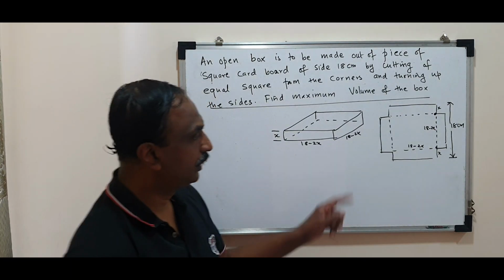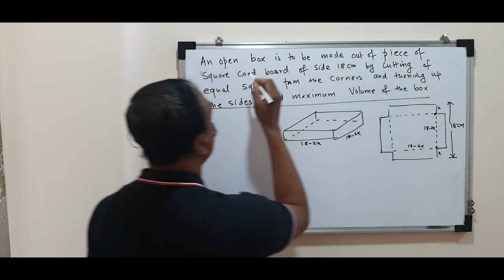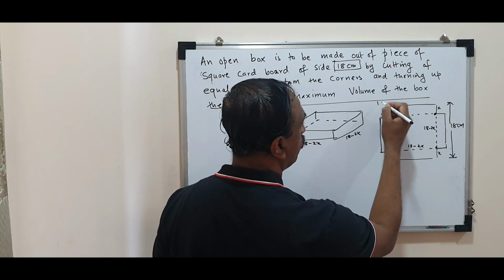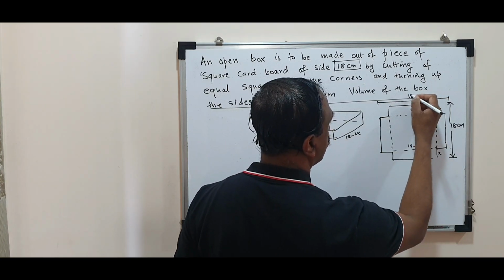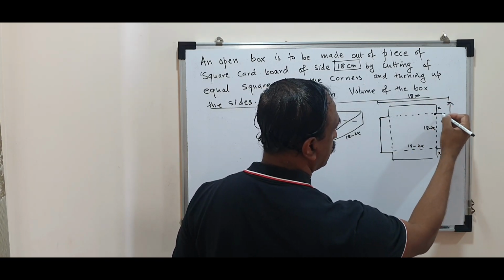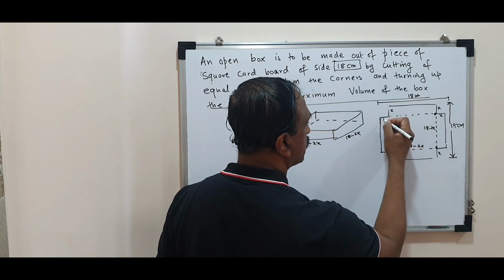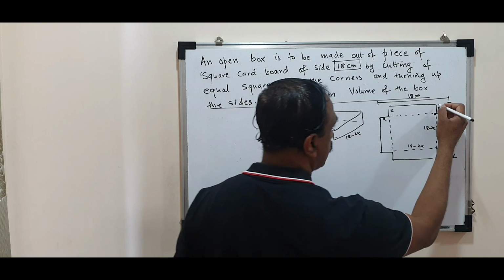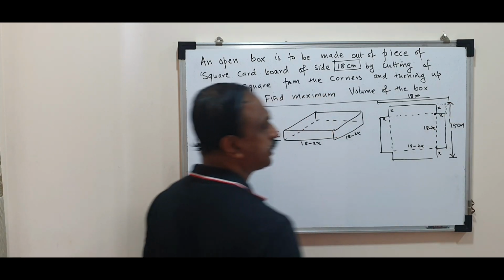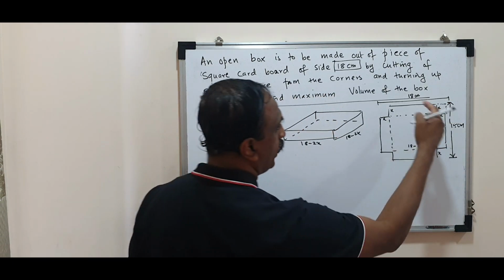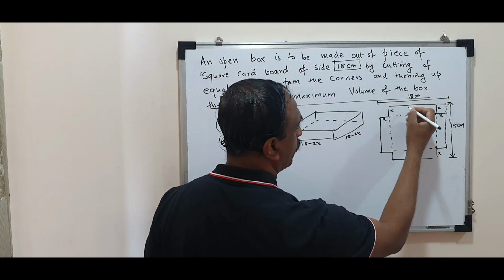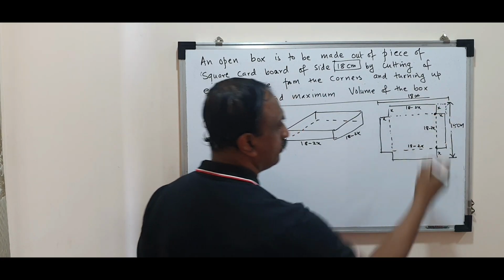First of all, the side of the square was 18 centimeter. So the whole length from ear till ear is 18 centimeter. I cut x, a side of square. So the length became 18 minus x, so it became 18 minus 2x.